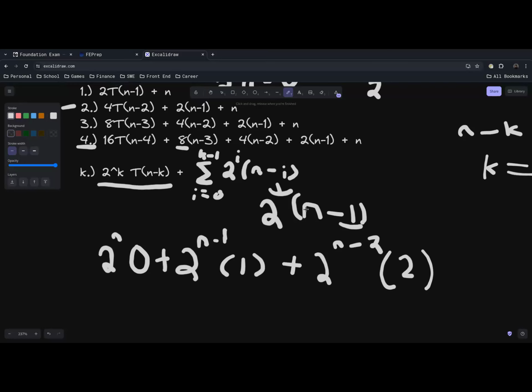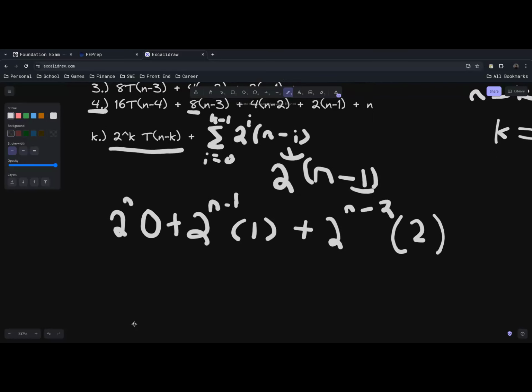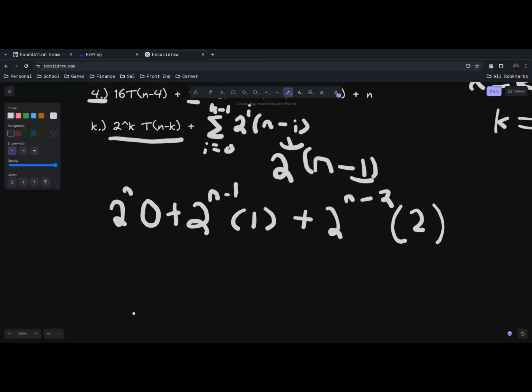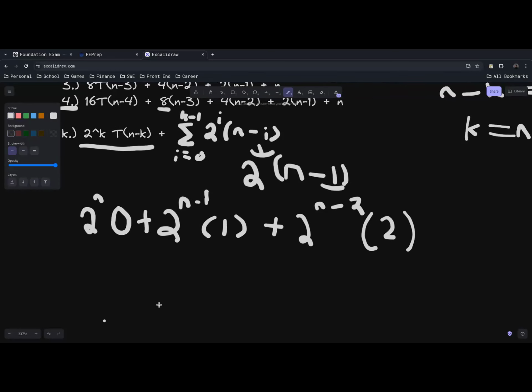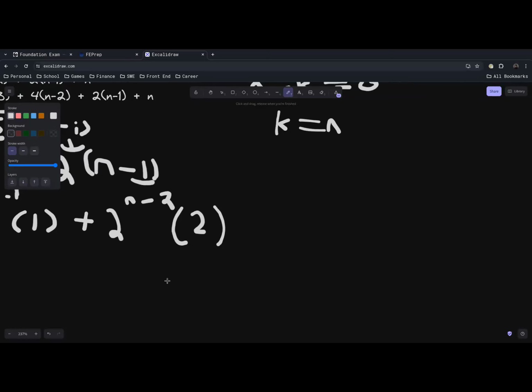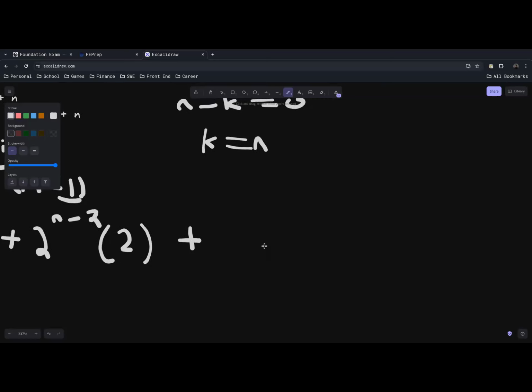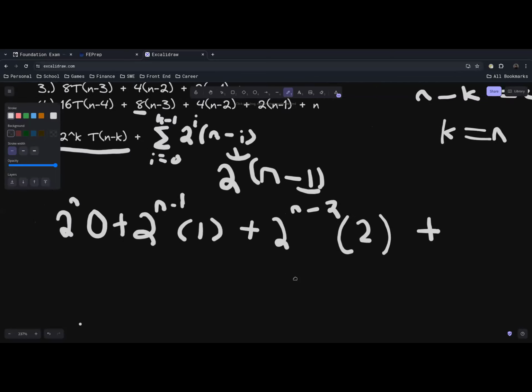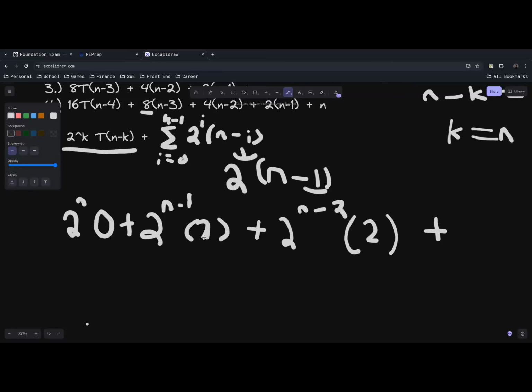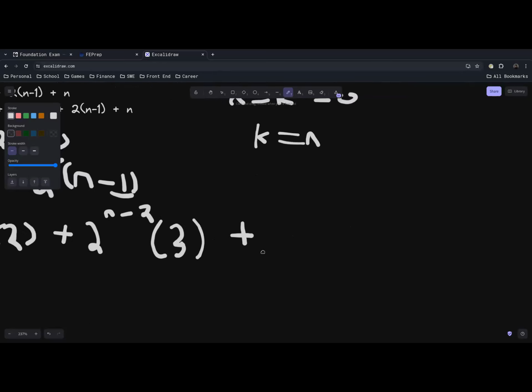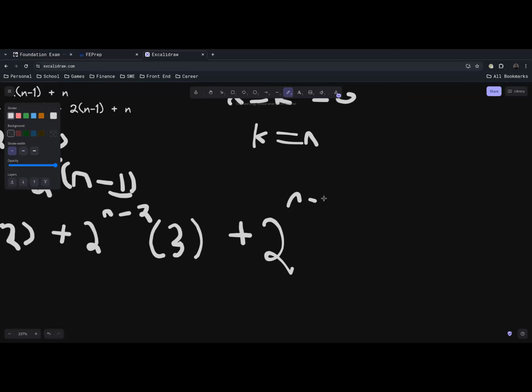Because if we're distributing the 2, it's going to be, honestly, I'm kind of stuck here too, you guys. This problem is actually just baffling. Because what they're saying is that we have this kind of sequence going on here, and then it's going to be 2 to the n minus 1 of 2, and this one's of 3, and 2 to the n minus 3 of 4.